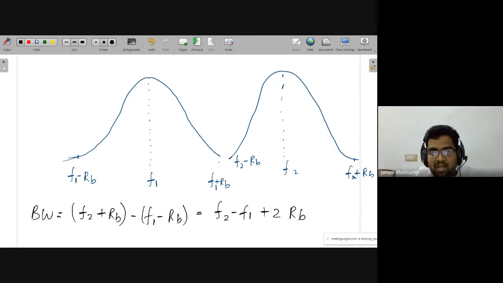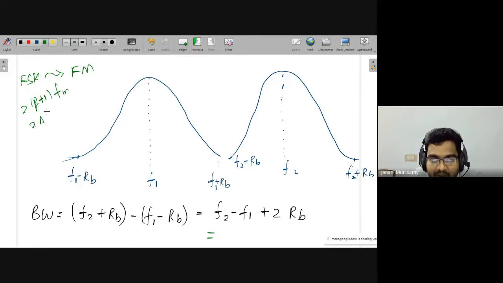Now I can compare this FSK system with the frequency modulation scheme. In frequency modulation, what bandwidth have we written? 2 times beta plus 1 times fm, or the same can be written as 2 del f plus 2 fm.